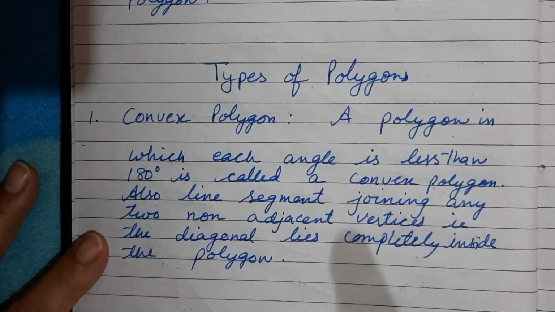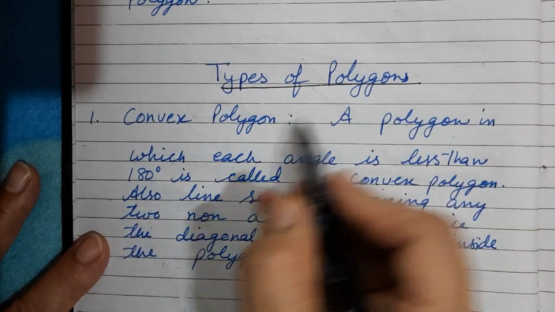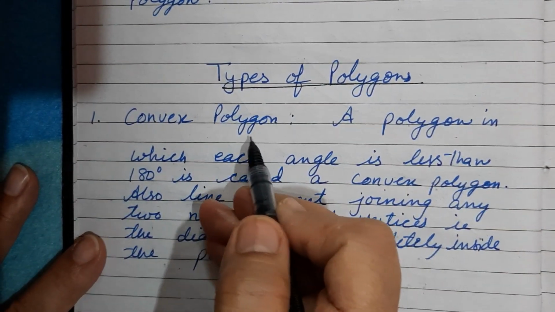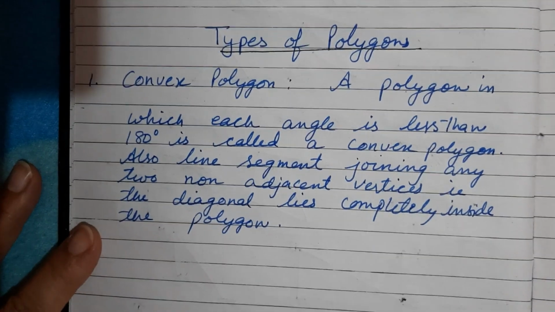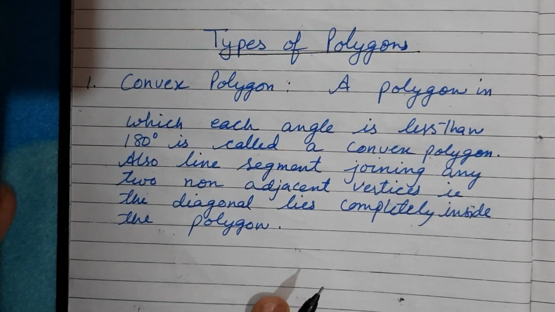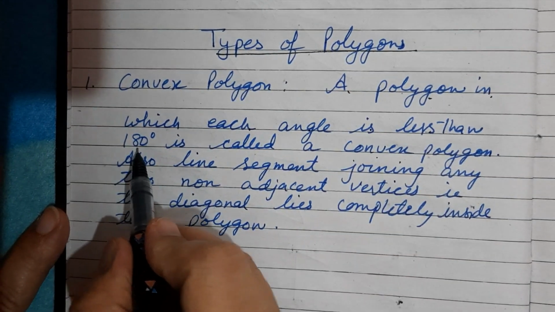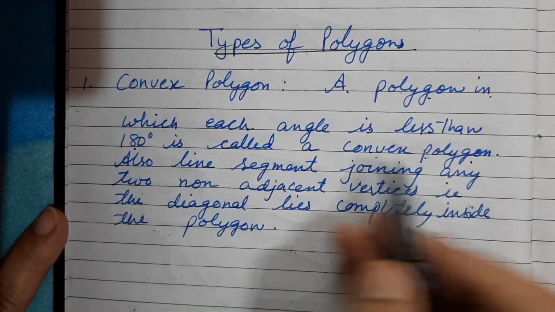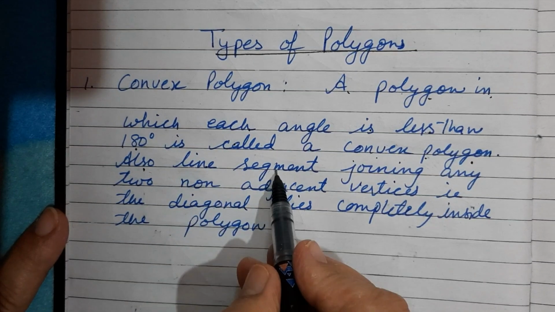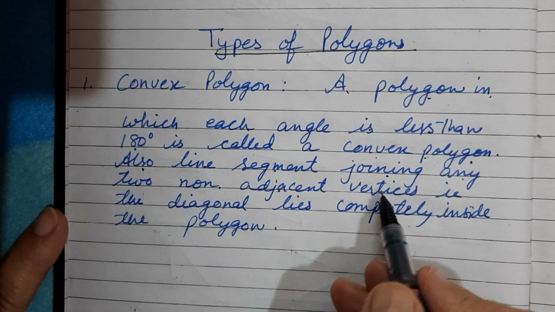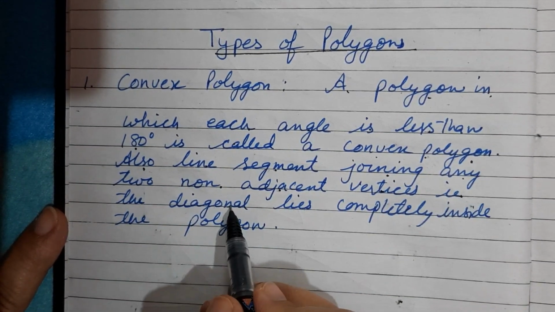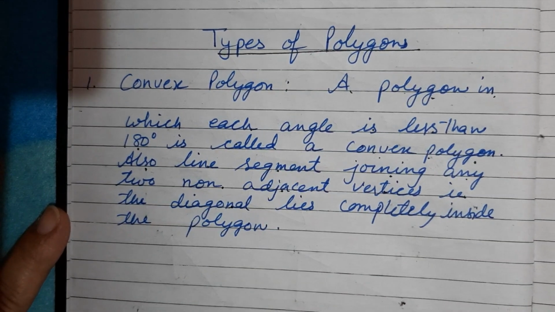Next we have types of polygons. We have two types of polygon. One is convex polygon. A polygon in which each angle is less than 180 degrees is called a convex polygon. Also, the line segment joining any two non-adjacent vertices, that is the diagonal, lies completely inside the polygon.